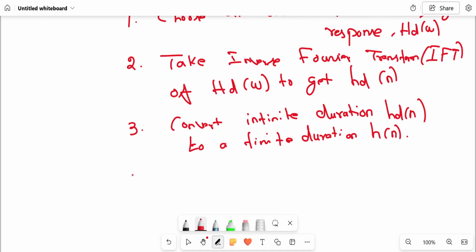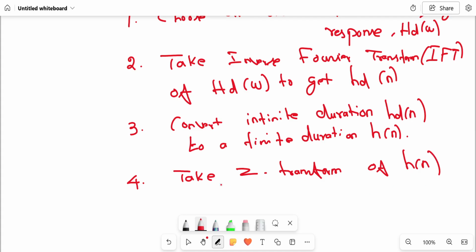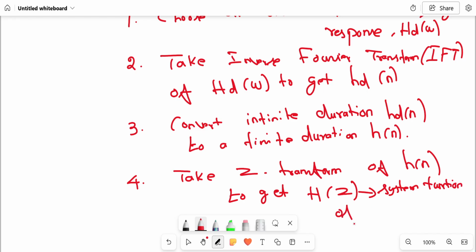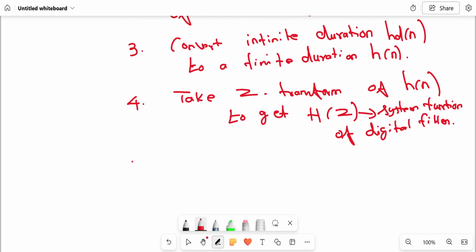Next step, take the Z transform of h of n to get H of z. This is the system function of the digital filter. Next step, realization. Realize the filter.